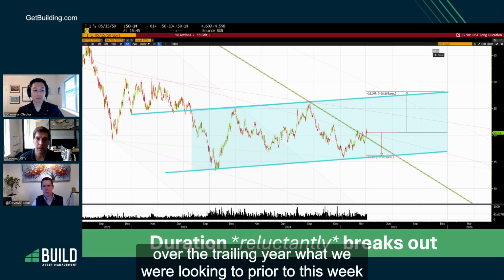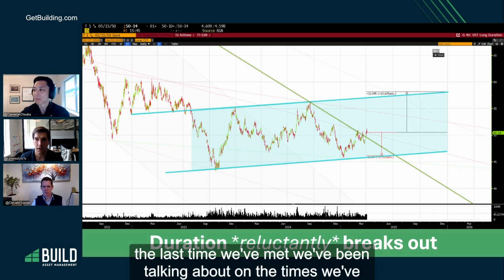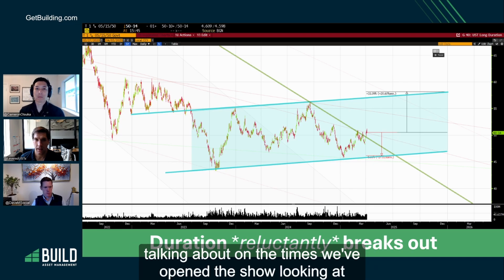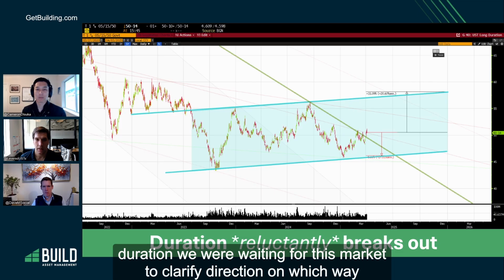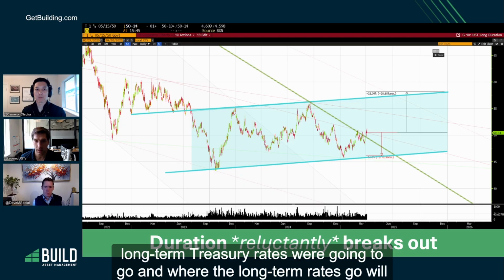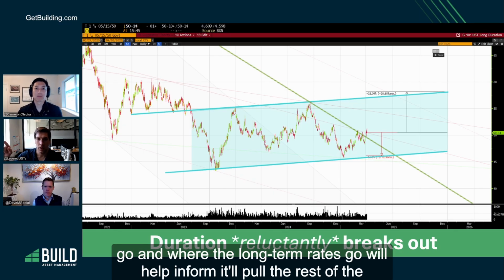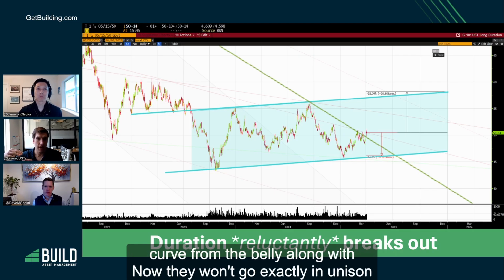What we were looking to prior to this week, like the last time we've met, we've been talking about on the times we've opened the show looking at duration. We were waiting for this market to clarify direction on which way long-term Treasury rates were going to go, and where the long-term rates go will help inform. It'll pull the rest of the curve, from the belly along with.